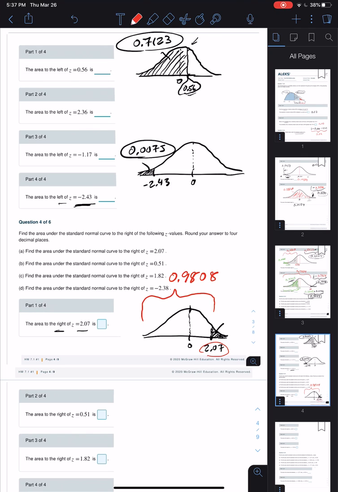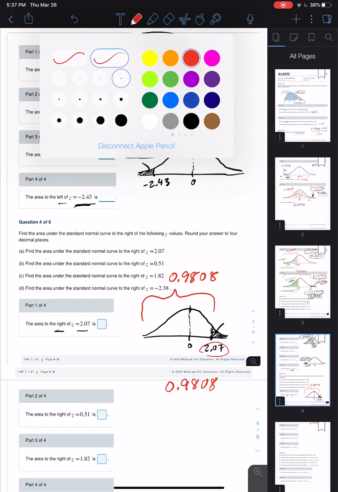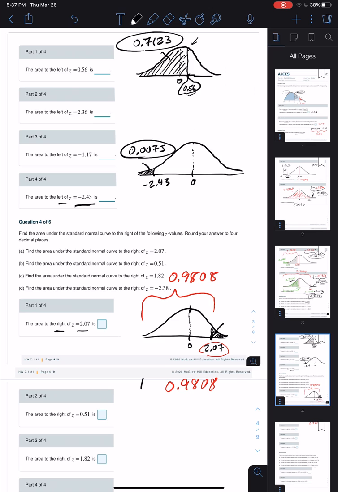So if I want the shaded region, I'm going to have to take this value, 0.9808, and subtract it from 1. We're on number 4. When we subtract that out, that should give us 0.0192. So there is the answer for number 4, part 1, right there.